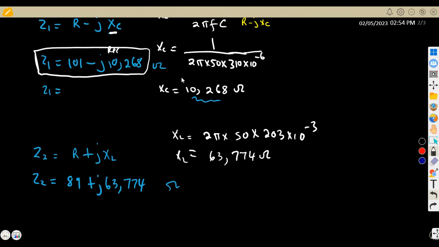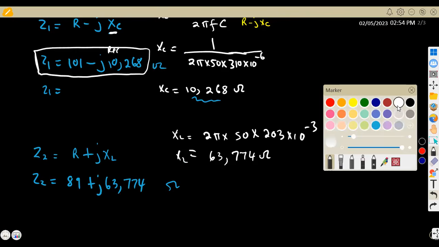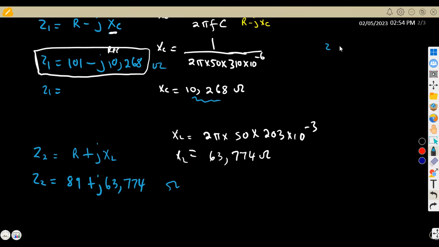Remember, the values given in rectangular form are given as X and Y. In rectangular form, our Z can be given as X plus jY, with X being the real part and Y the imaginary part.